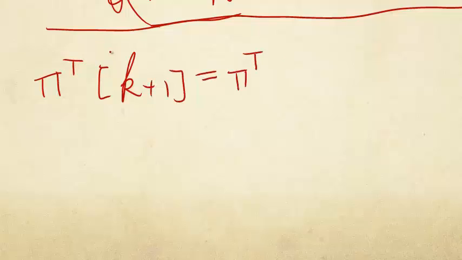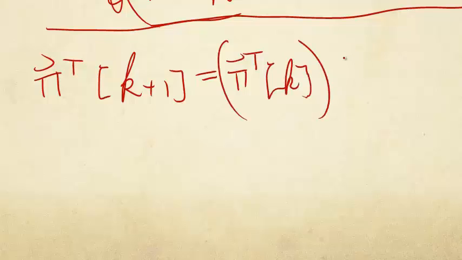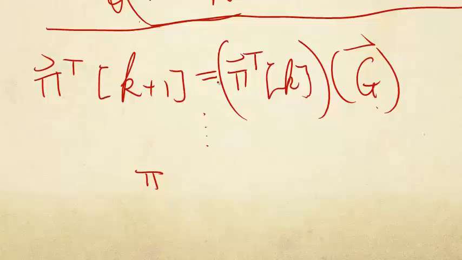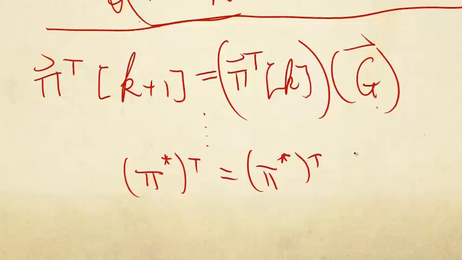Pi transpose at time k plus 1 is simply the last iteration's pi transpose, all these are vectors at iteration k, multiplied on the right, not by the H matrix anymore, we got the modification we needed, but by matrix G, and let k keep on going, and you are now actually guaranteed to converge from any initialization pi vector to the equilibrium pi star transpose equals pi star transpose times G matrix.